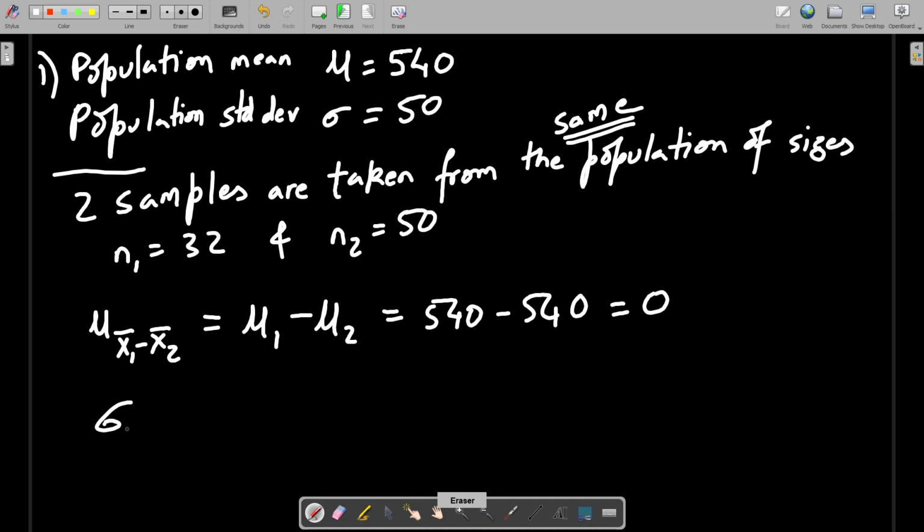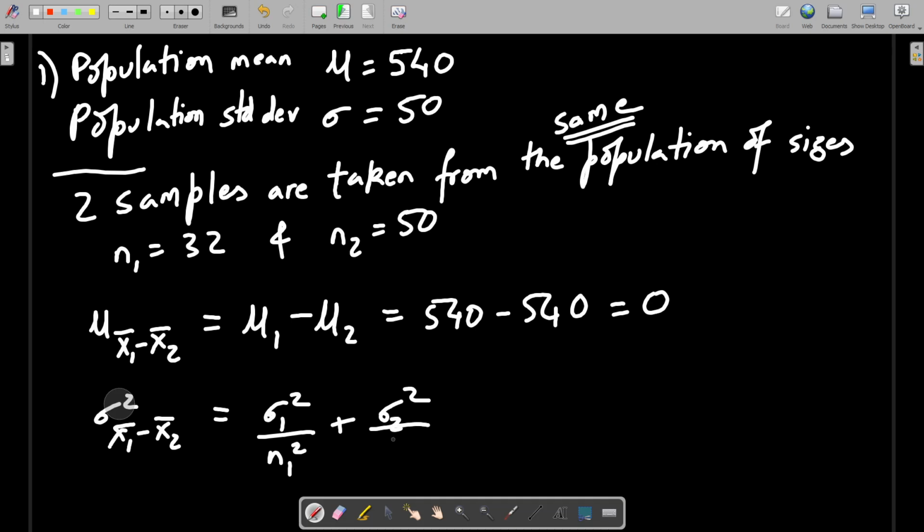Now with regard to the sigma square of the difference: sigma 1 square upon n1 plus sigma 2 square upon n2.